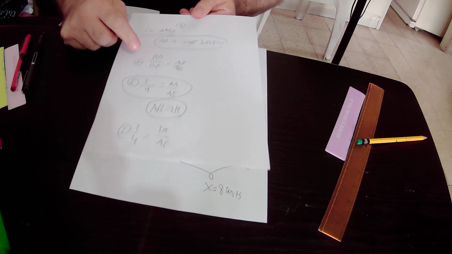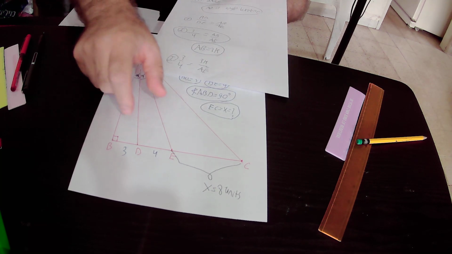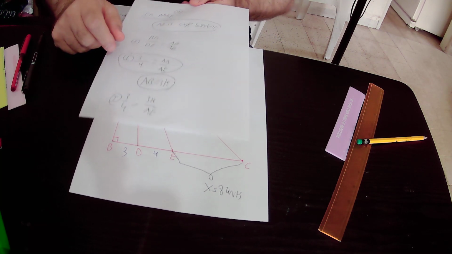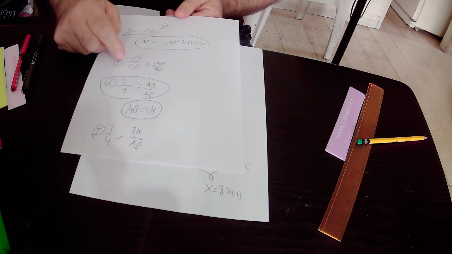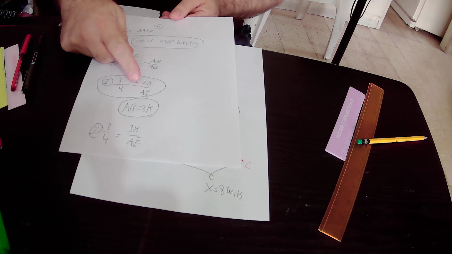And we know that BD equals 3 units, DE equals 4 units. So BD over DE is 3 over 4, and it equals AB over AE.